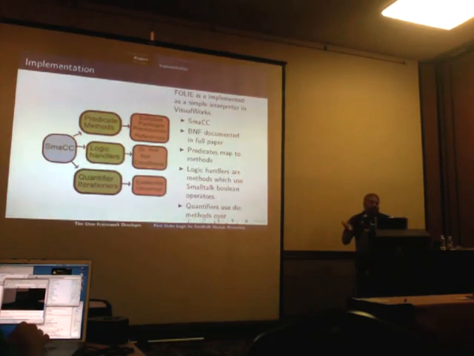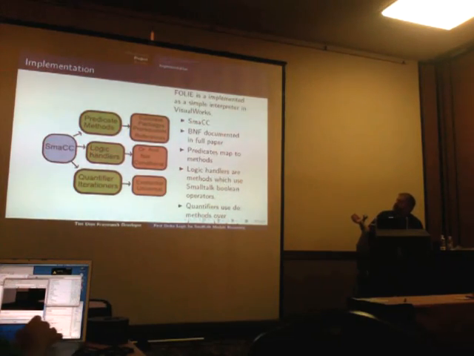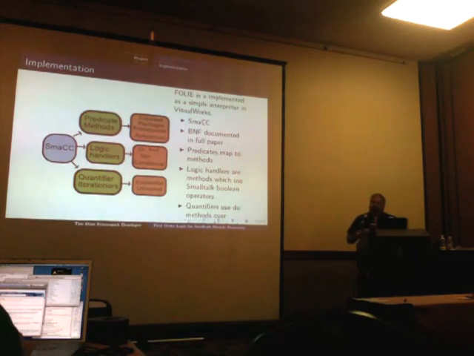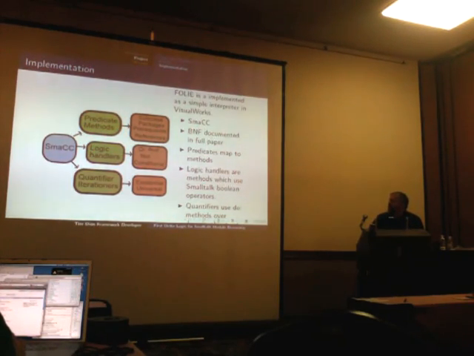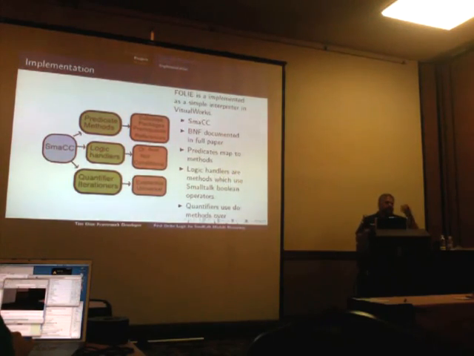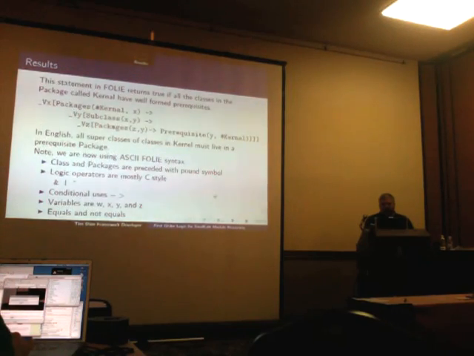And everything basically maps eventually to a Smalltalk method. So predicates, the handlers, and the quantifiers all map to Smalltalk methods eventually. In the paper, I have a full SMAC style PDF, so the paper should be on the website. And quantifiers are basically just iterators. It's just iterating over the set of objects.